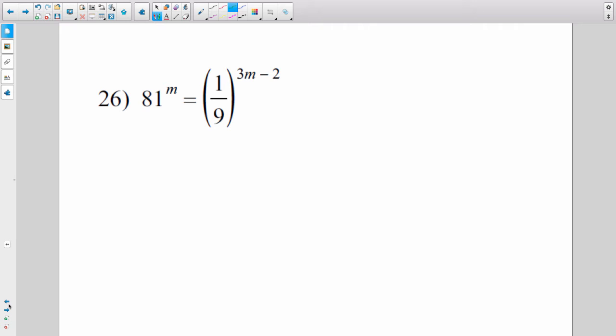26, same as 25. If you see a fraction and you're working with common bases, just make the exponent negative, that's all. So watch. 9 squared, that could be my 81.